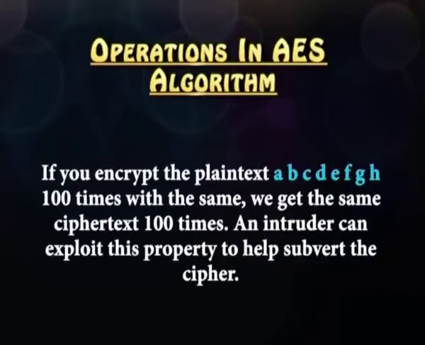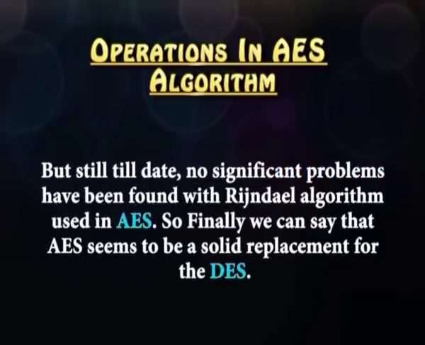If you encrypt the plain text 100 times with the same key, we get the same ciphertext 100 times. An intruder can exploit this property to help subvert the cipher, but still till date no significant problems have been found with the Rijndael algorithm used in AES. So, finally we can say that AES seems to be a solid replacement for the DES.